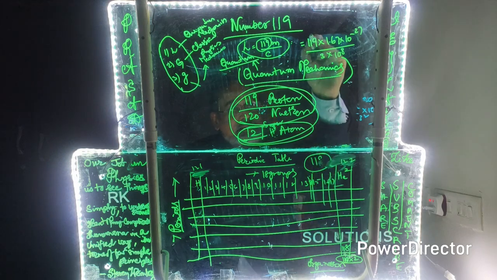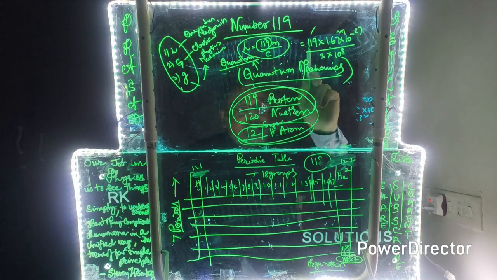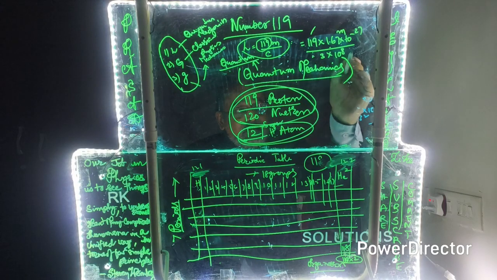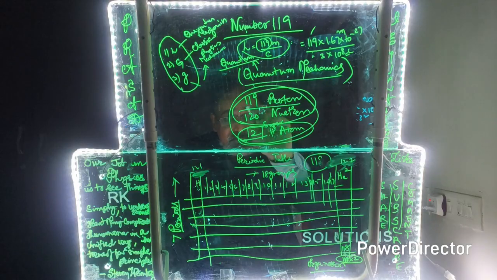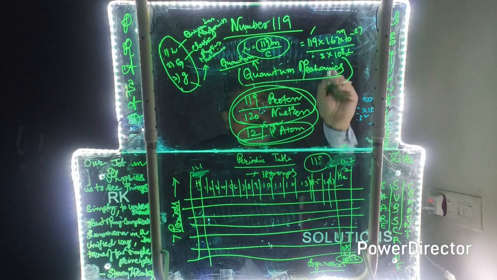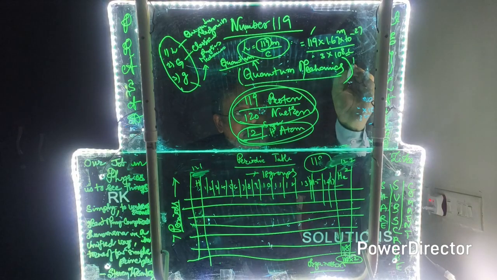Meaning, when 119 protons come together, this is the mass of the proton, they divide into C number of particles. This C number of particles is nothing but electromagnetic radiation.